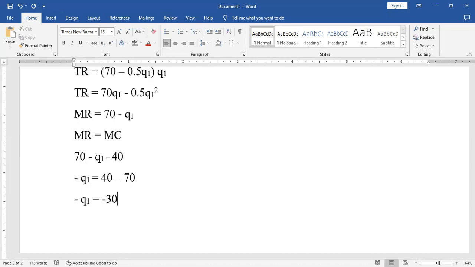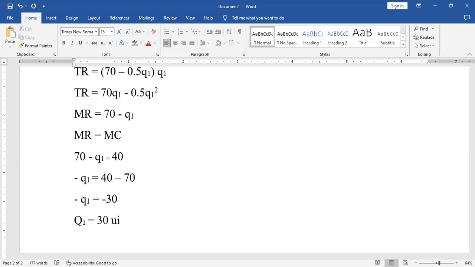Because of the negative in front of the Q, we divide by negative 1 there, such that the Q1 remains positive. And so Q1 now, negative 30 divided by negative 1, that will be 30 now.